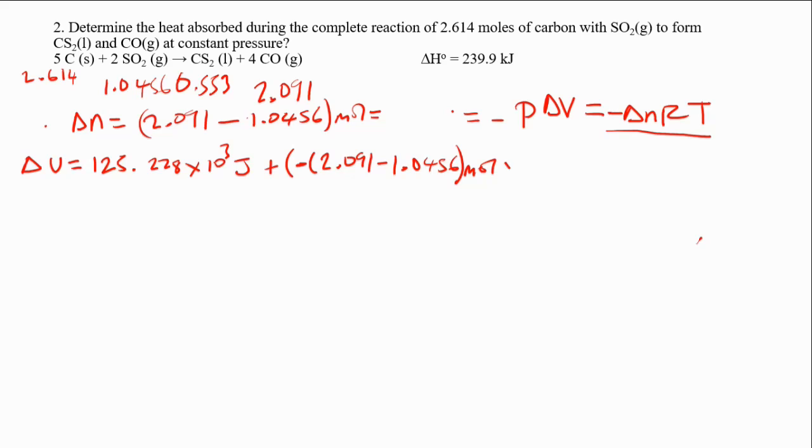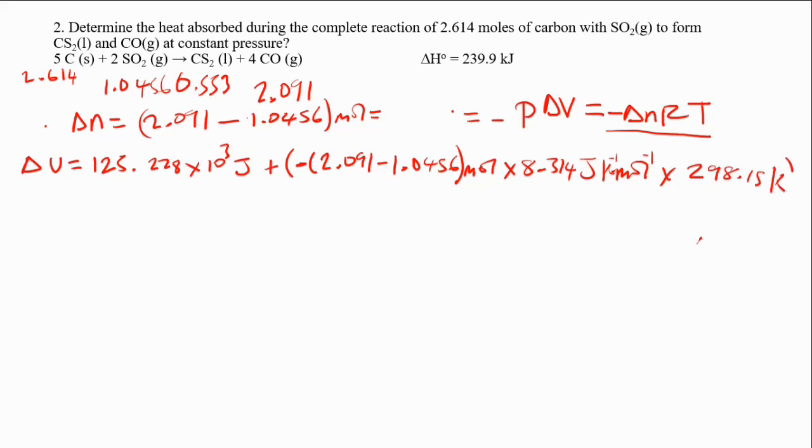Times 8.314 joule per Kelvin per mole, times the temperature. If we're working with 25 degrees Celsius, then it's 298.15 Kelvin.